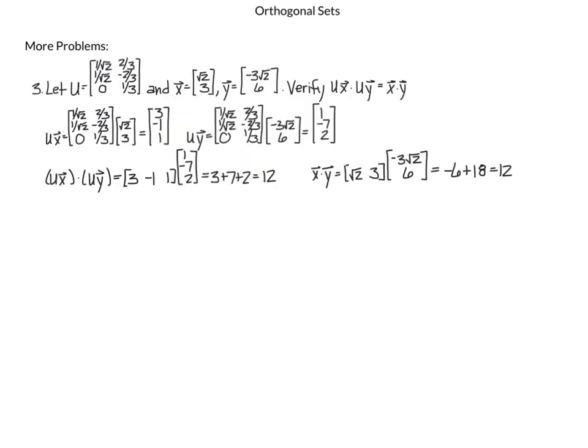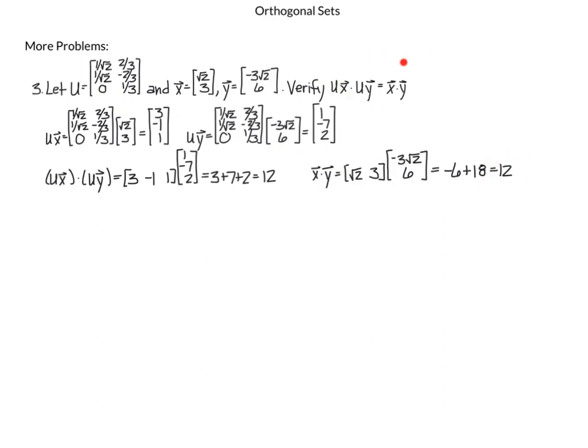Problem 3, we wanted to verify that Ux dot Uy is equal to x dot y. So here I have the calculation of U times x, which is equal to 3, negative 1, 1, and U times y, which is equal to 1, negative 7, 2. So Ux dot Uy, then I have my 3, negative 1, 1, times my vector 1, negative 7, 2, is equal to 12, and my x dot y is equal to square root of 2, 3, times my negative 3 square root of 2, 6, and that's also equal to 12.